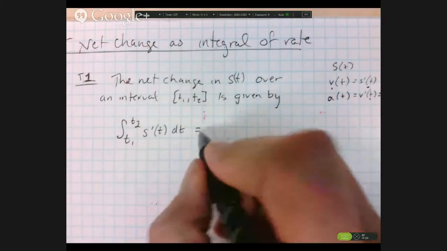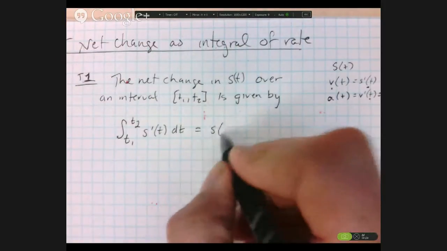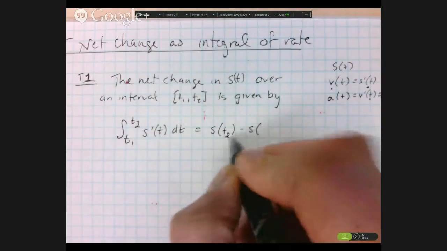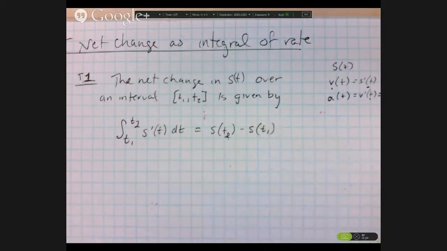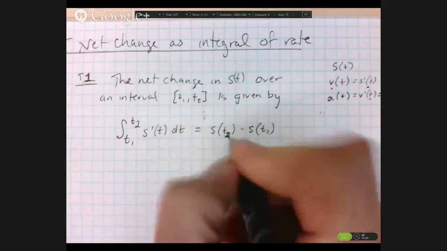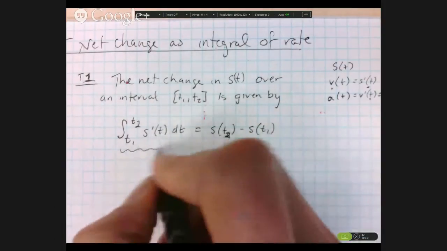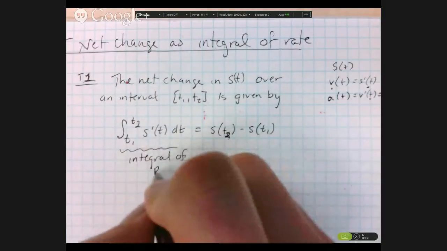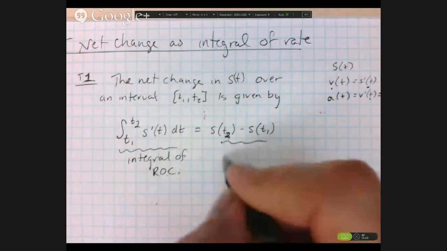Which we would write as the integral of velocity is position evaluated at time 2 minus position at time 1. Okay, that's the integral of rate of change, and here is the net change.